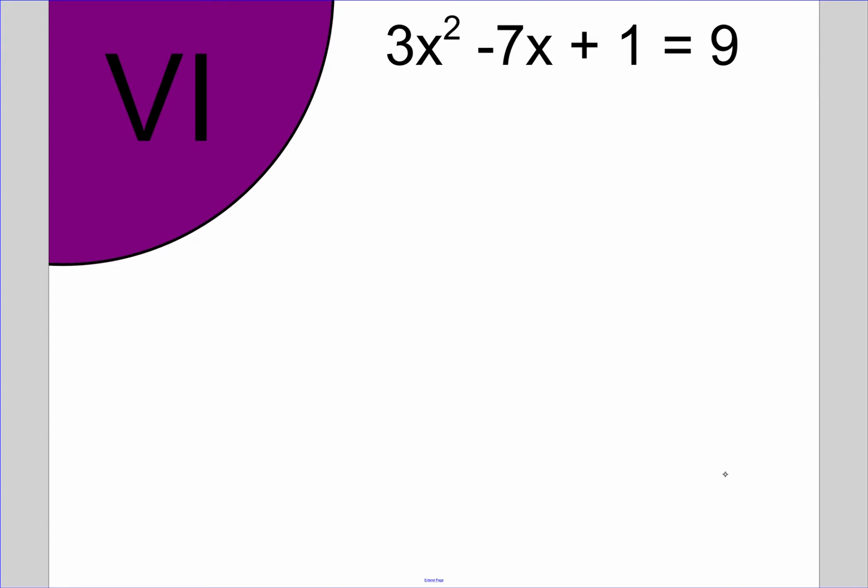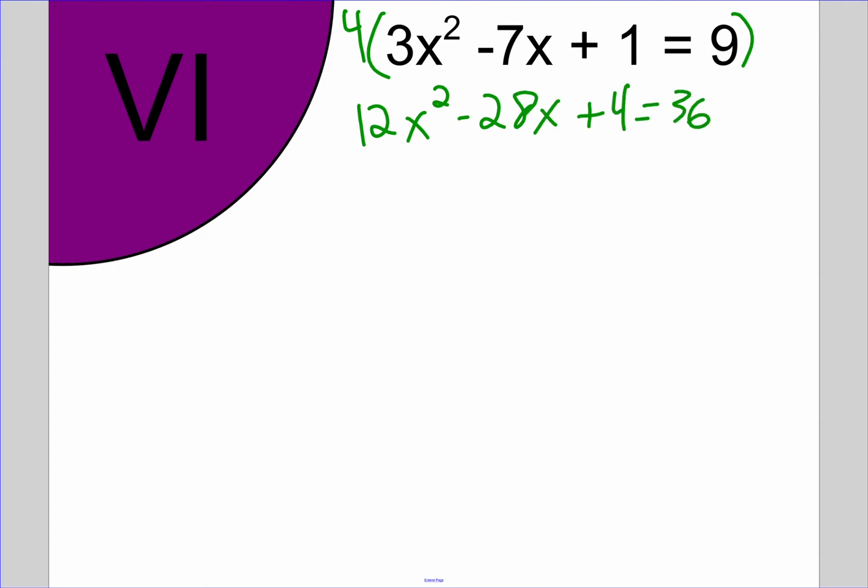So thinking about what we did in level 4 or level 5, we had to multiply everything by 4 in order to get there. If we do that here, we're going to end up with 12x squared minus 28x plus 4 equals 36.